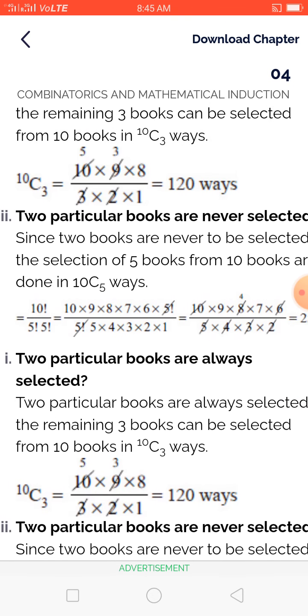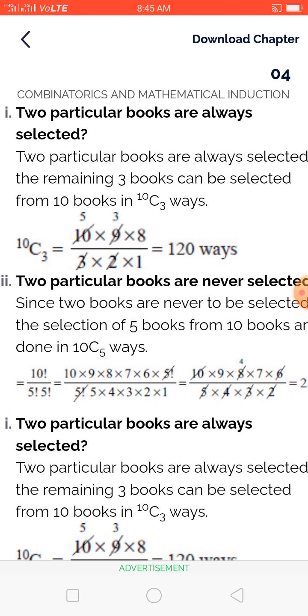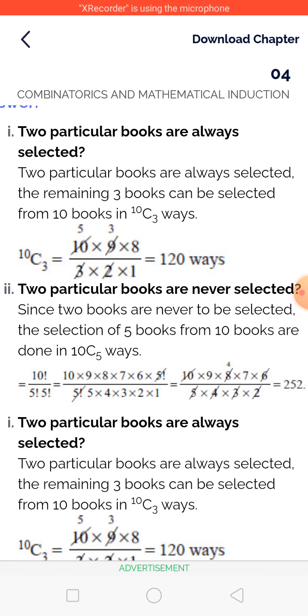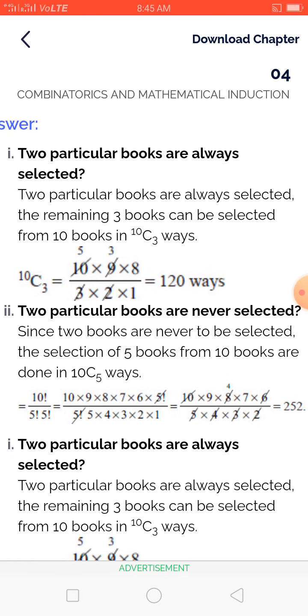So here, look at that, two particular books are never selected. Since two books are never selected, the selection of 5 books from 10 books is done in 10C5 ways.